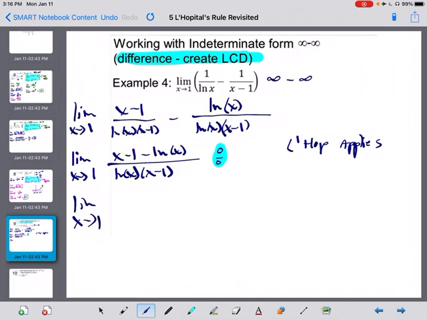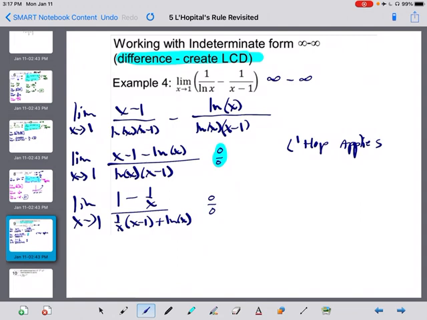As x approaches 1, this is going to be 1 minus 1 over x, and then this is going to be, let's see, product rule down at the bottom. All right, now we have to plug in again. Looks like once again, if you plug in 1, you get 0 over 0.